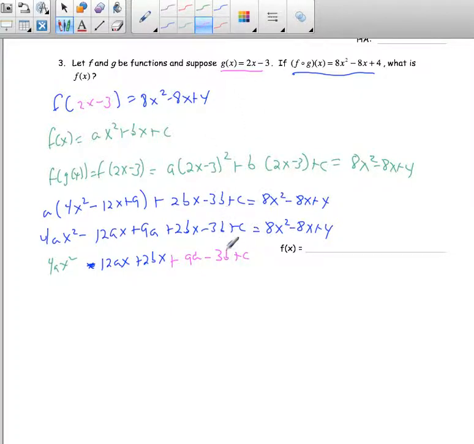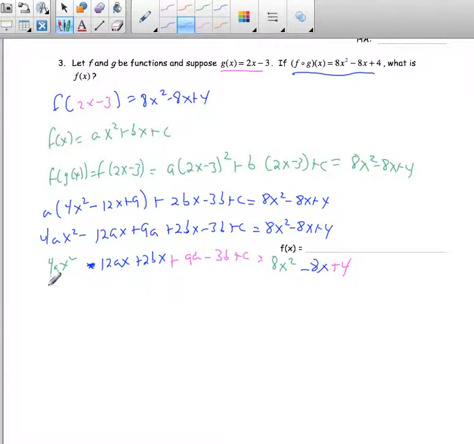And that is equal to, and I'm going to color code these, the quadratic term, 8x squared, minus 8x plus 4. And in order for this equation to be true, the quadratic parts have to be equal, the linear parts have to be equal, and the constant parts have to be equal, because there are no other like terms to combine in order to make this true. So I can go ahead and write 3 smaller equations to solve so that we can find a, b, and c.